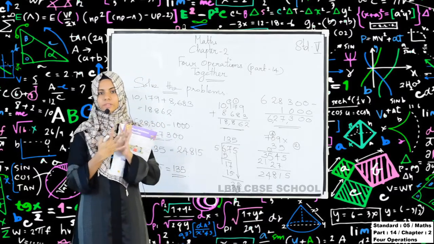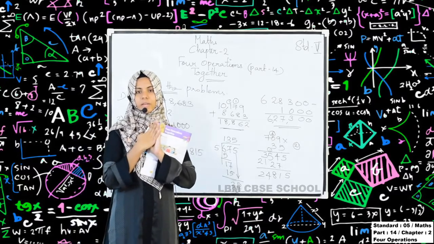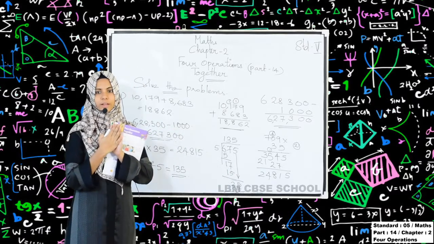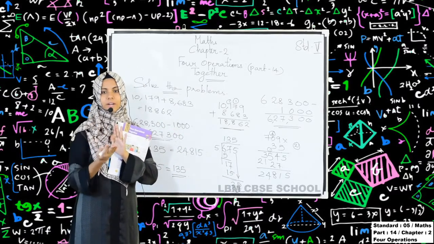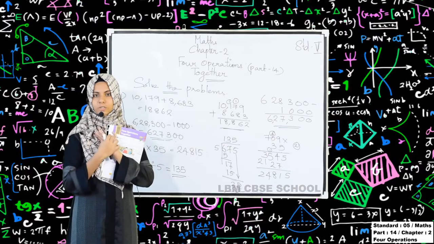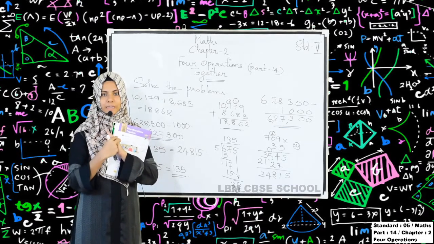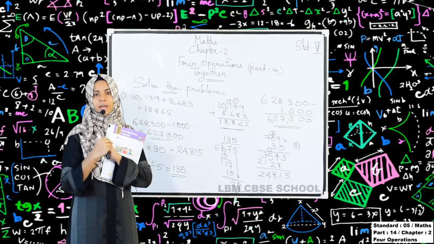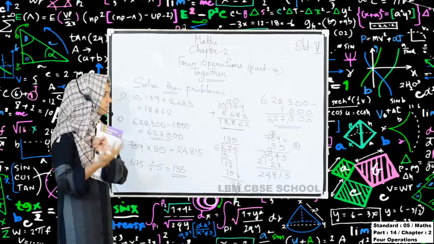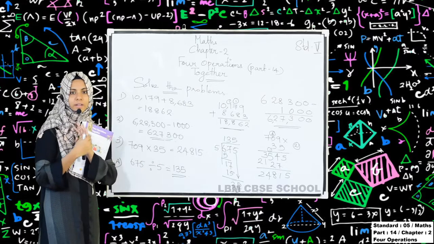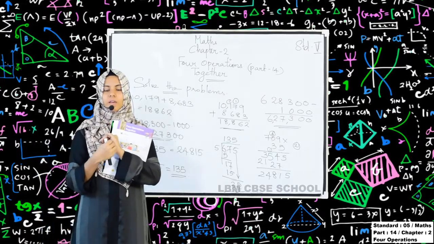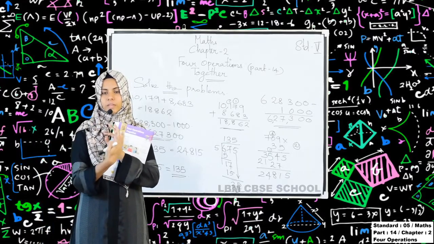So today we studied the new chapter. The chapter name is four operations together, and we studied about what are the four operations. Addition, subtraction, multiplication and division, and we also studied the names of the answers that we got from these four operations.